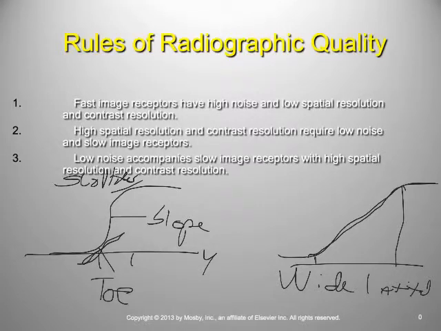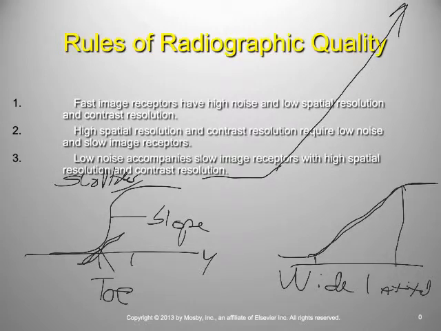Interestingly, in living in a digital world, the computers have kind of rewritten the rules a little bit. So we still get something like a toe, right? And that's that area where we would see some quantum mottle. It starts to receive. I'm going to draw right over the images here, so bear with me. It starts to receive its signal here at the toe, but it just keeps on going, right?